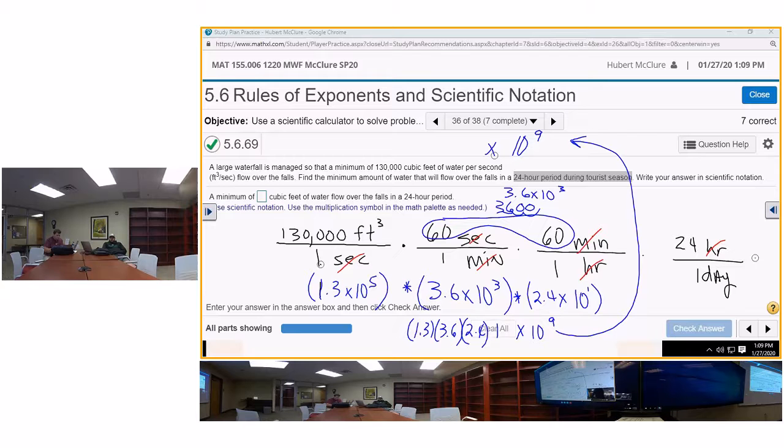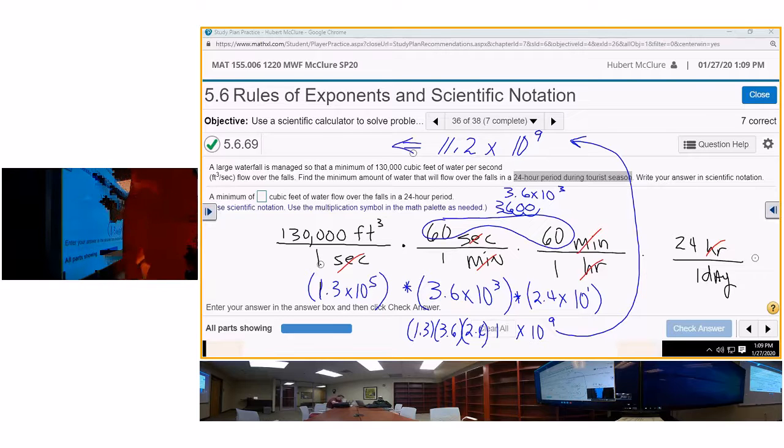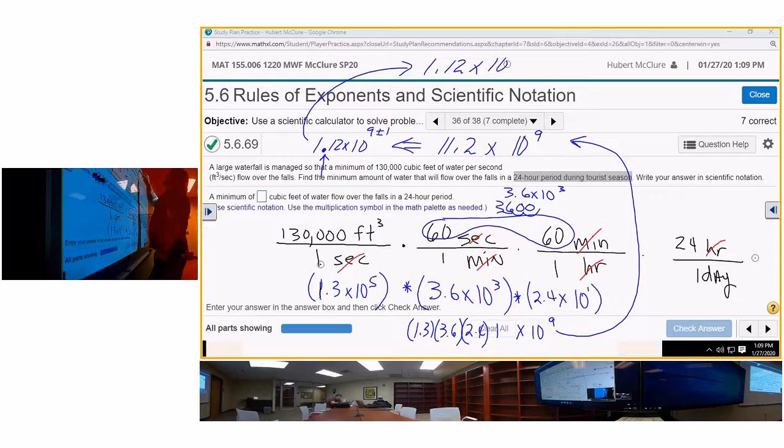Did you say 11.2? Did everybody else get 11.2? I got 3 people that say it, so all right, now change that. 1.12 times 10 to the 9 plus 1. Which way did I move this decimal in my head to get it back the way it was? To the right. So your final answer is 1.12 times 10 to the 10th power.